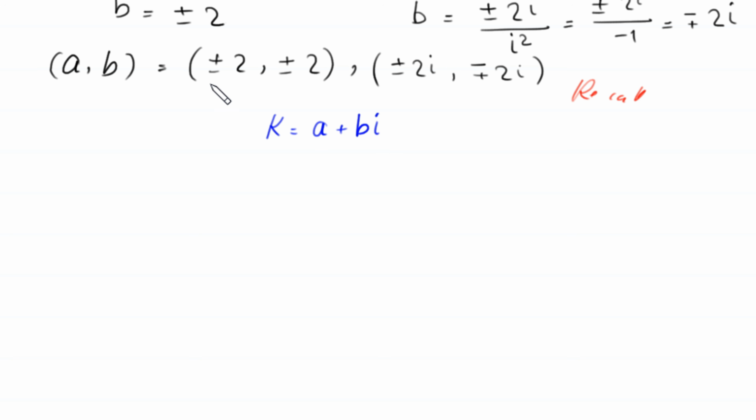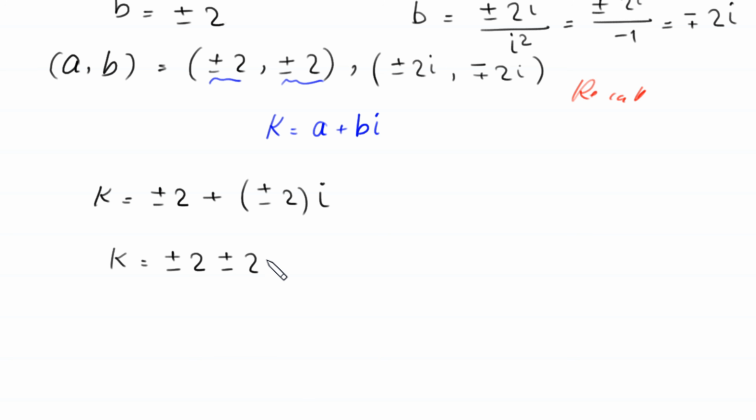So when a is equal to plus minus 2 and b is equal to plus minus 2, then k will be equal to, in place of this a we write plus minus 2 plus, in place of this b we write plus minus 2 times this i. Next, k is equal to plus minus 2 plus this plus minus 2 times i. This is the first value of k. This is the first solution of this equation.